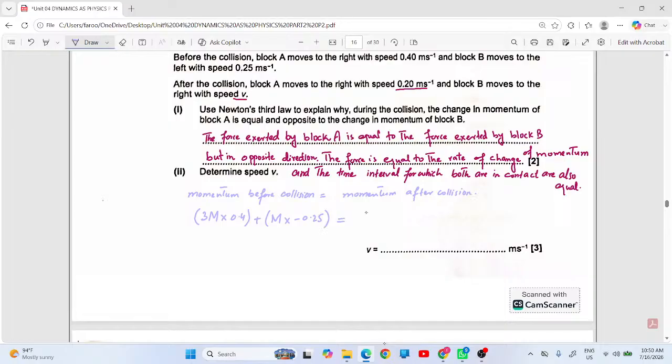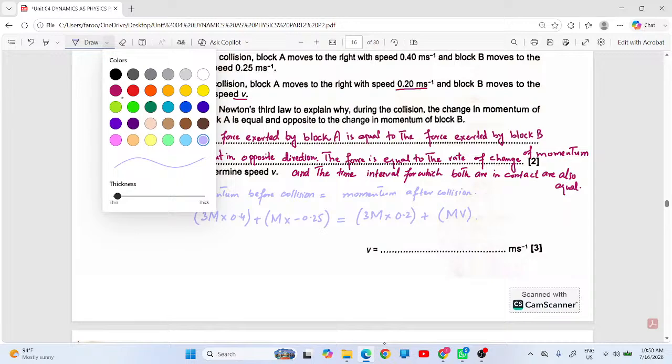Equals the mass is M, velocity. अब मुझे जरा सॉल्व.